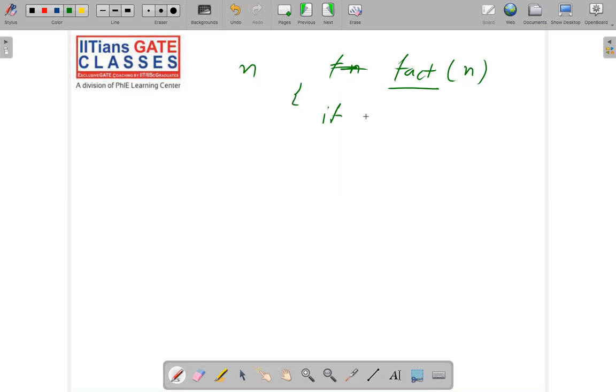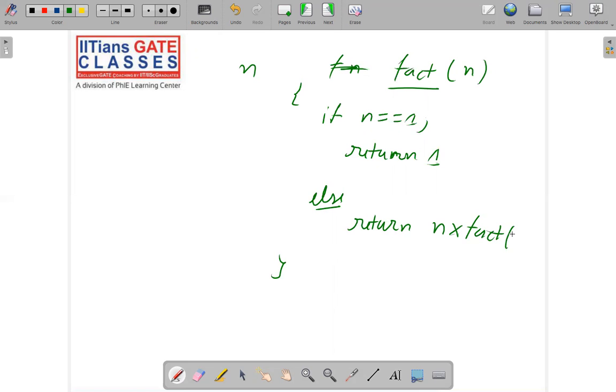In this function I can write: if n equals 1, return 1, else return n multiplied by factorial of n minus 1, and we are done with the problem of factorial.